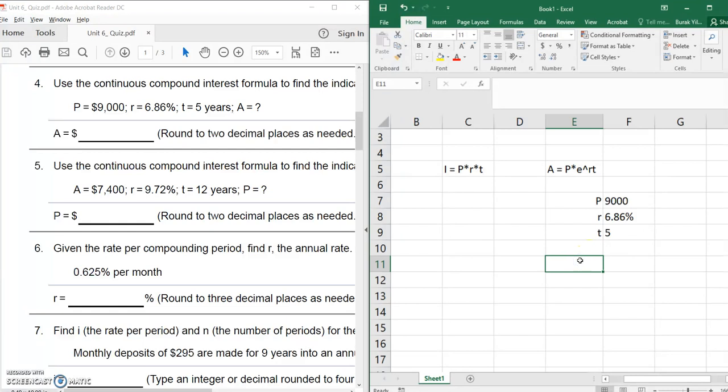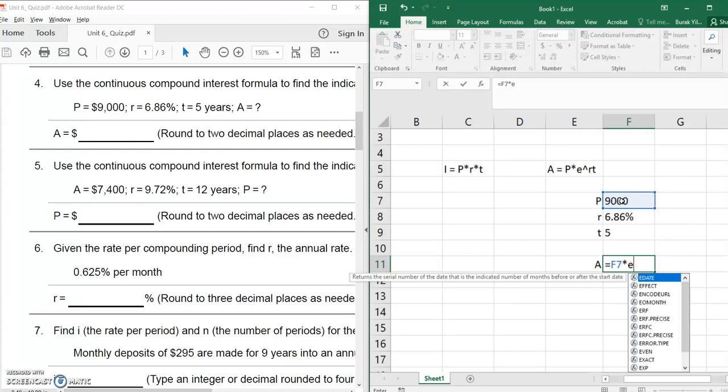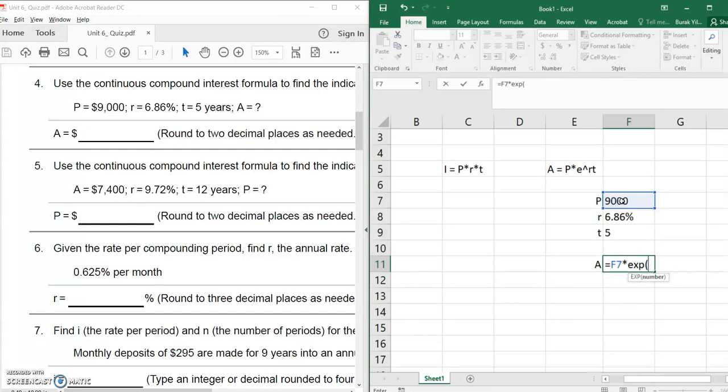So A would be then equals, following the formula, P times e. There's a command for e, so EXP and then open parentheses. So that's the e function here, and whatever you write in the parentheses is going to be the exponent of e.